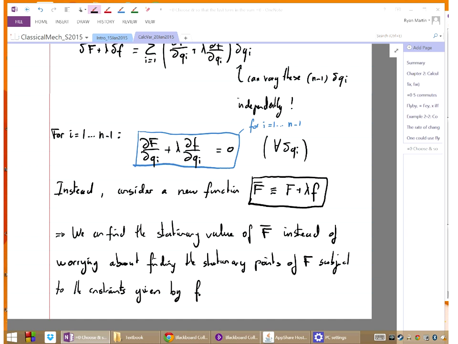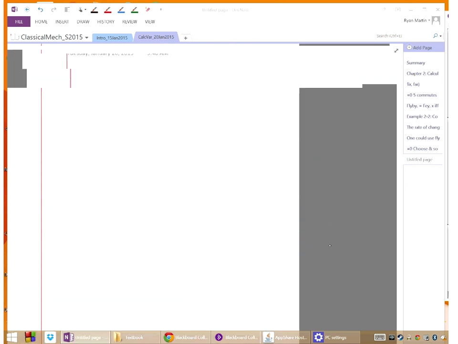So you're going to end up with n equations, n unknowns that are the position of the point in the space, but then there's this lambda. So you really need one more equation to give you lambda. It's not enough equations. So the final equation that gives you lambda is the fact that lowercase f is equal to 0.